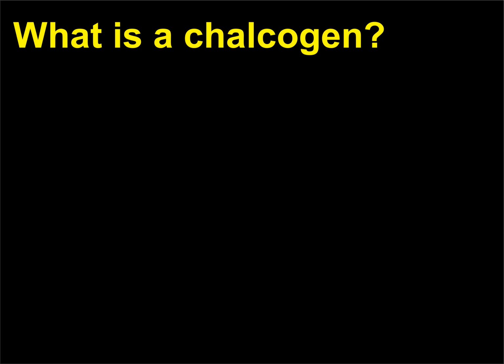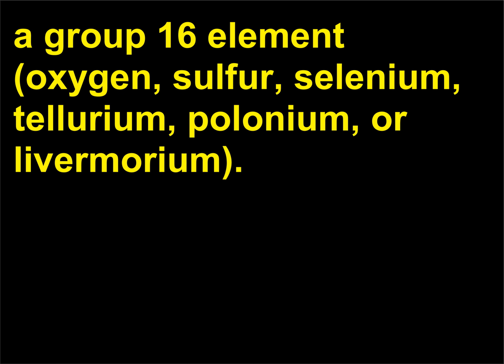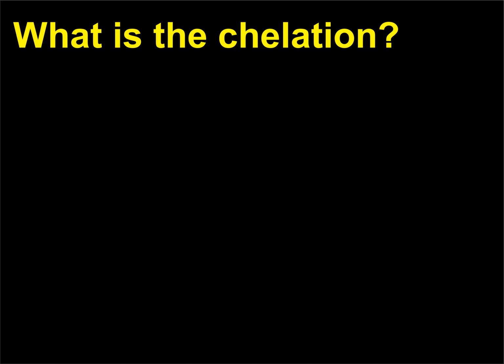What is a chalcogen? A group 16 element: oxygen, sulfur, selenium, tellurium, polonium, or livermorium. What is chelation?